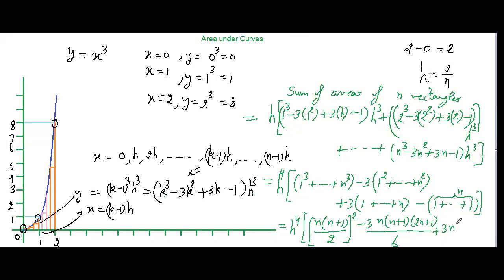This is n into n plus 1 divided by 2, and minus n. So this is what we have to solve. So I will be going to the next page. Up to this, the calculation is clear.